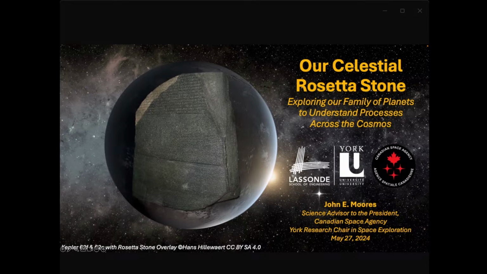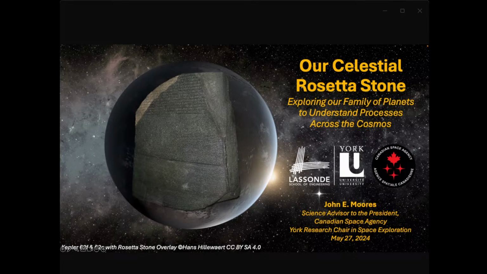So what I'm hoping to do is to talk a little bit about the dialogue that's happening between two different disciplines. We've got planetary exploration, where we go out and use spacecraft to explore the worlds in our own solar system and to learn new things about our family of planets, close to our parent star. And then there's exoplanetary astronomy.